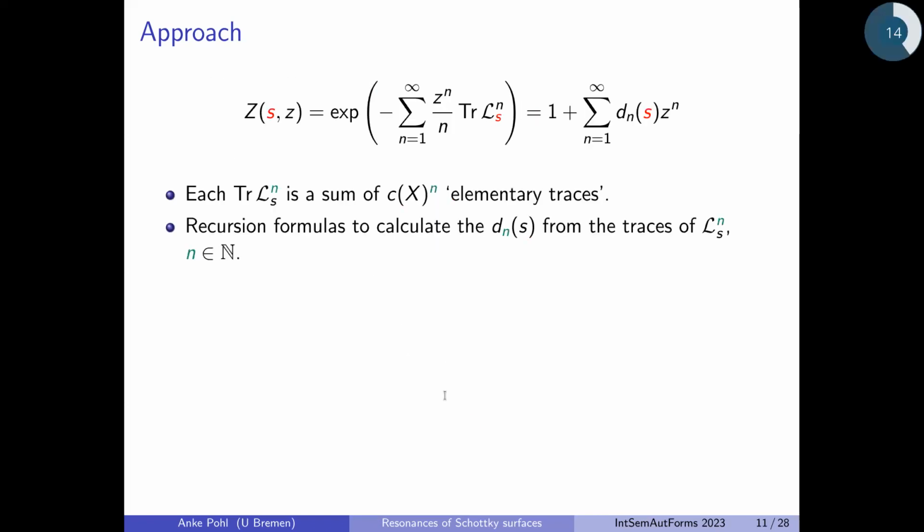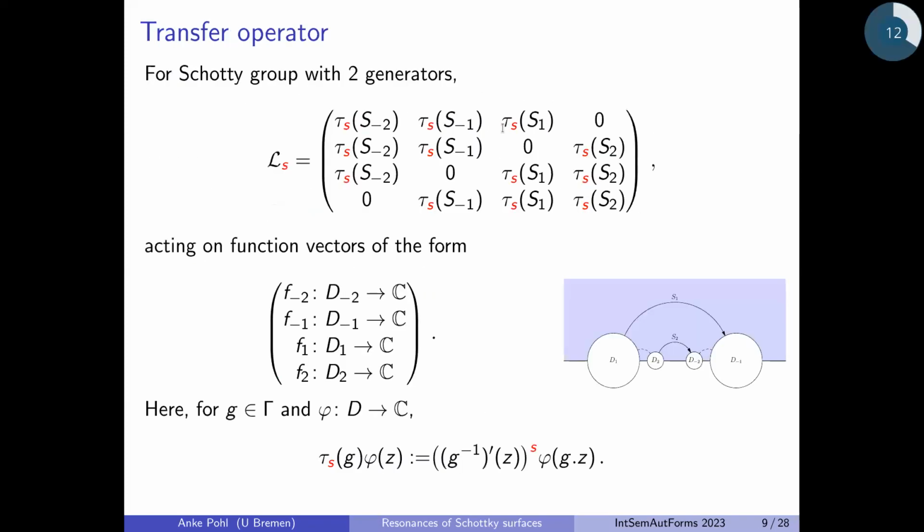Okay, so we have this formula, and in the end, we would like to use Z equals 1. What we know about this formula is that every single one of these traces of the powers of the transfer operator is formed by some elementary changes. So let me do something which I hate when speakers do it, but let me go back.